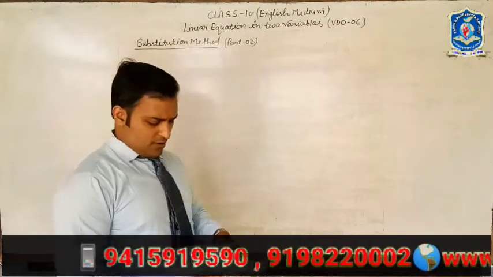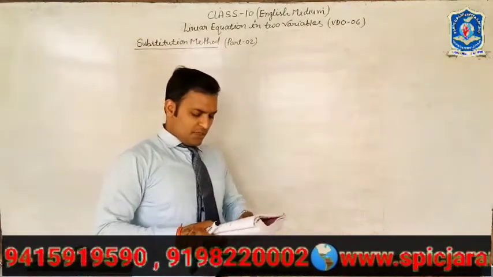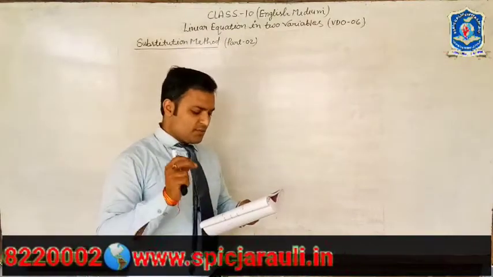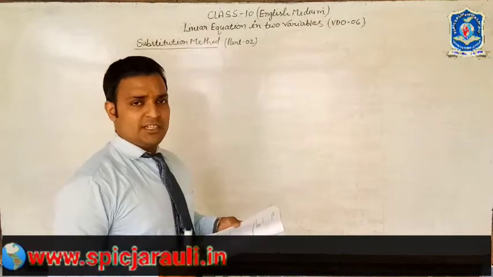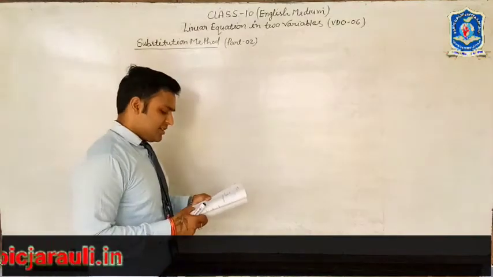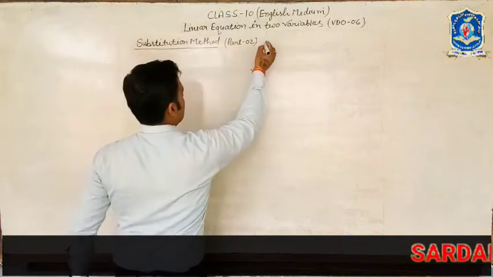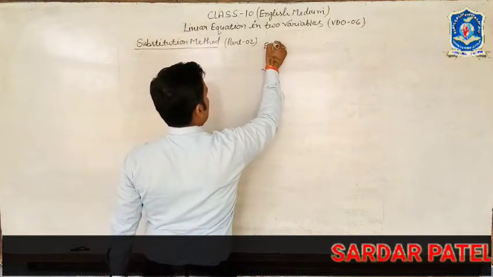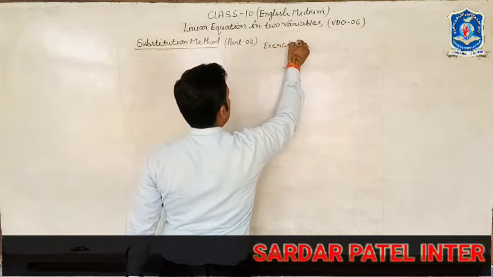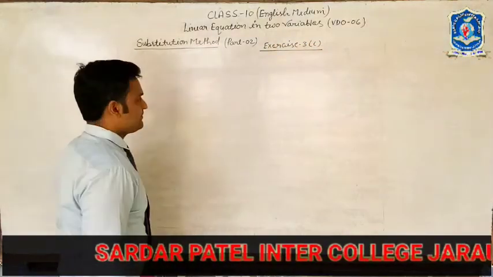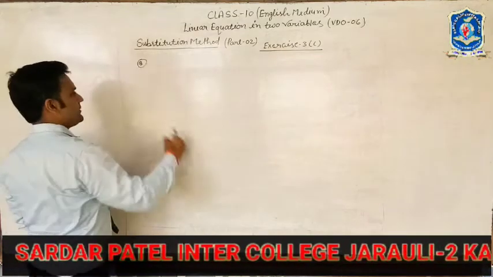That is question number 8. Question number 8 is a decimal form of linear equation in two variables. This is from exercise 3C, question number 8.